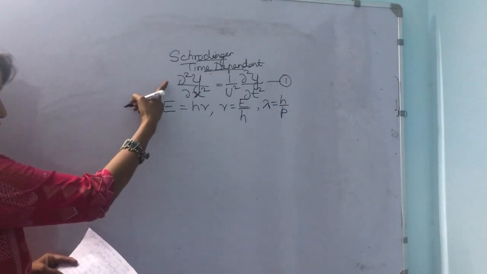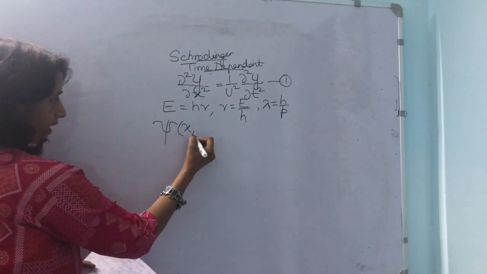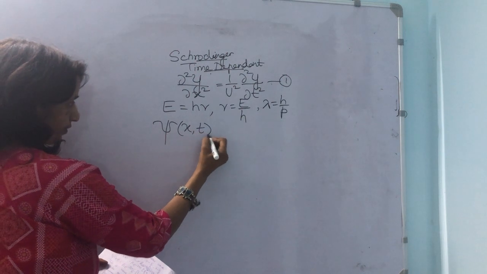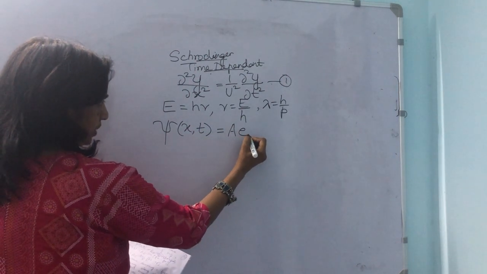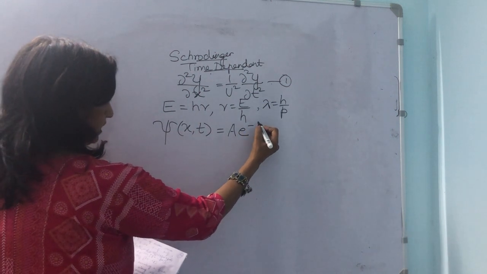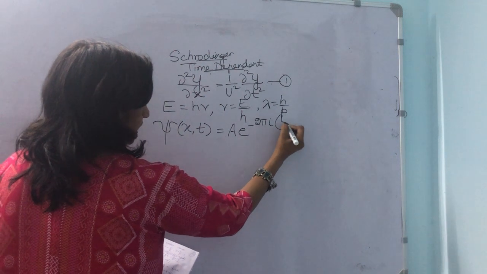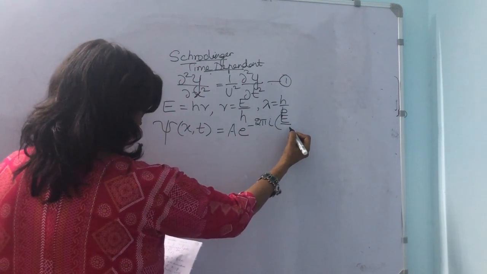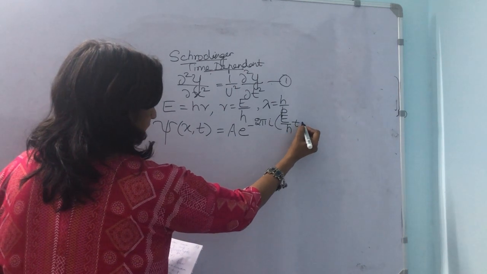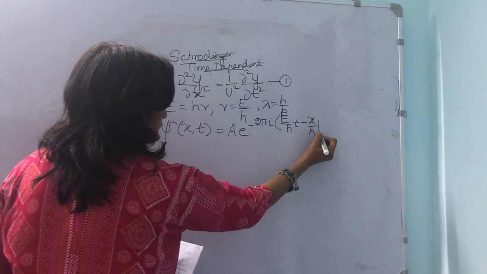Now the general solution for this expression is phi is equal to a e to the power of minus 2 pi i into E upon h t minus x upon h p.